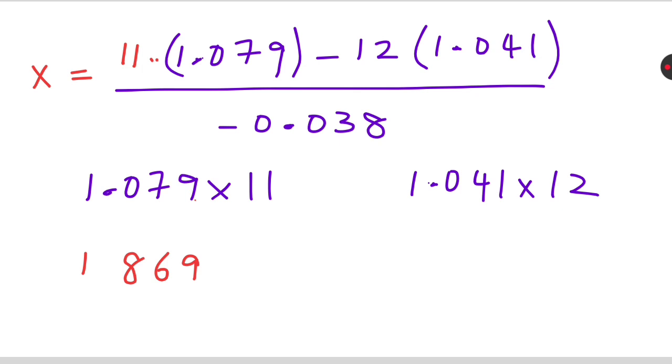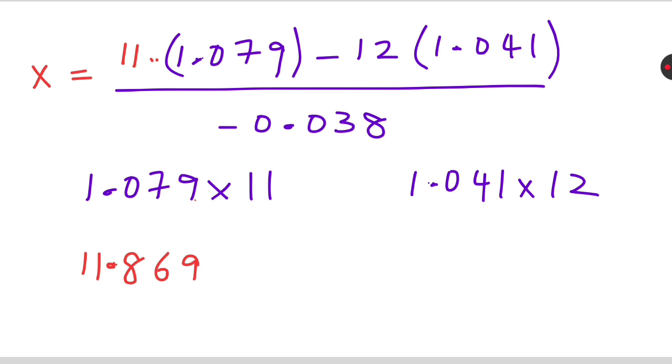Write 8 here. Then 0 plus 1 gives only 1. So we are done with all the digits. We have a decimal point after 1, so after 3 places you place the decimal point. So 1.079 times 11 is 11.869.